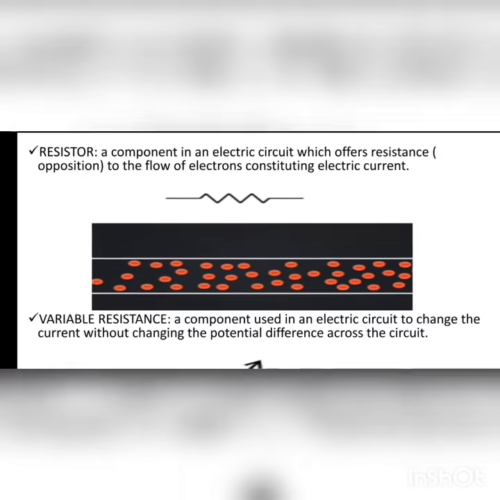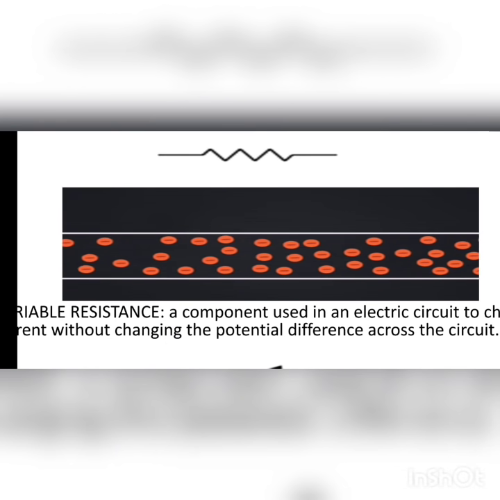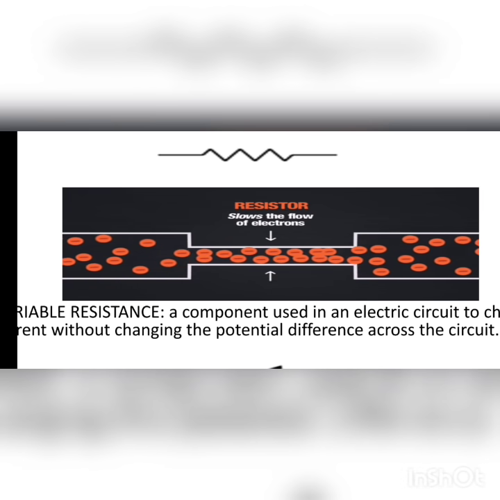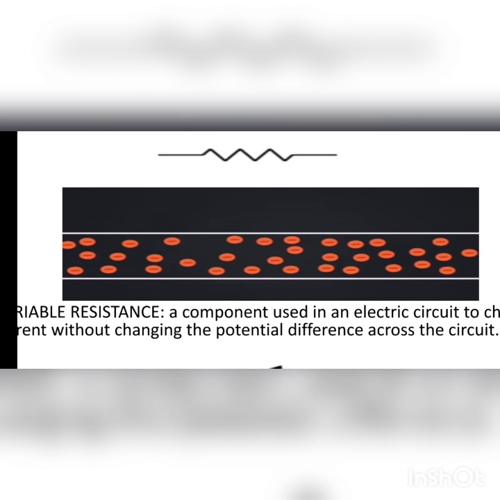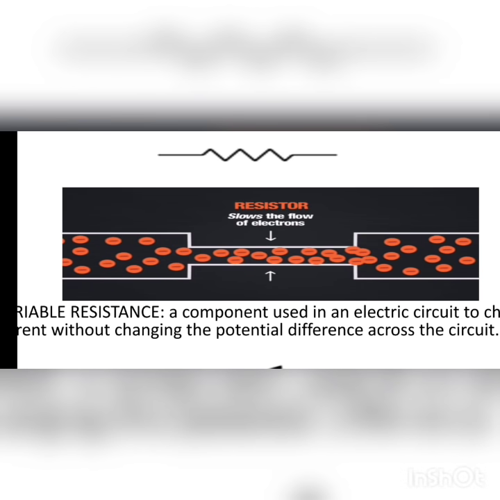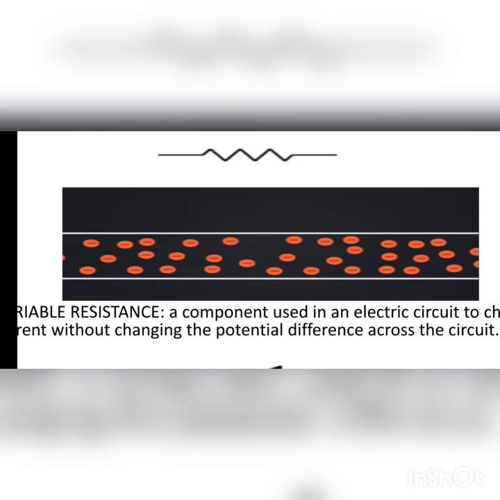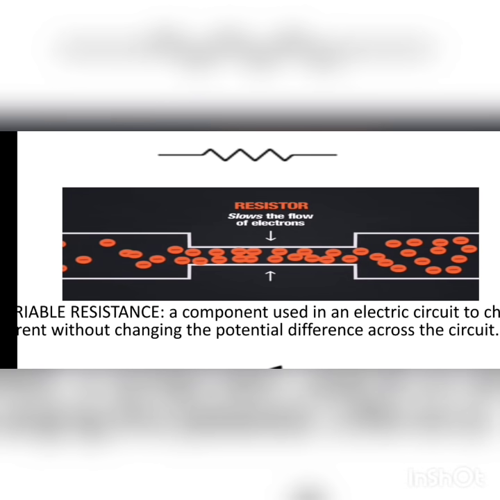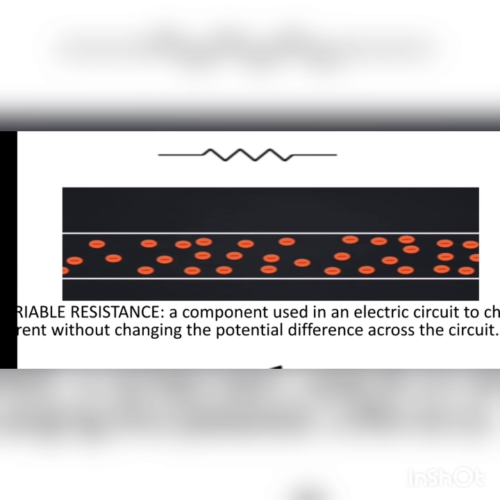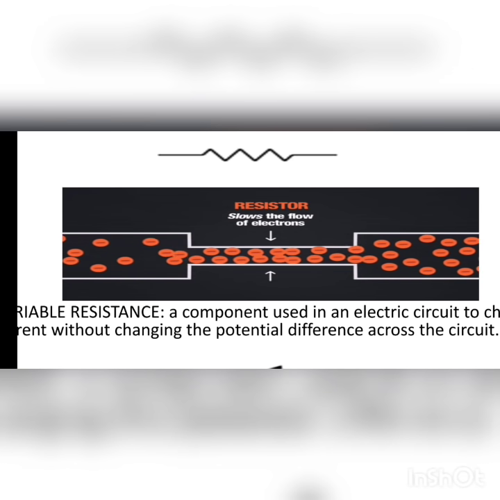A resistor is nothing but a component which offers resistance to the flow of electrons constituting electric current. From the diagram you can see that if there is a free flow of electrons and suddenly I just slow down the flow of electrons, that is done by resistor in the circuit. So if you use copper instead of resistor, copper is a very good conductor, so your electrons will move freely. There will be no hindrance to them. But as soon as I put a material which opposes the flow, then your flow will slow down. Symbol you already know, I had told you.